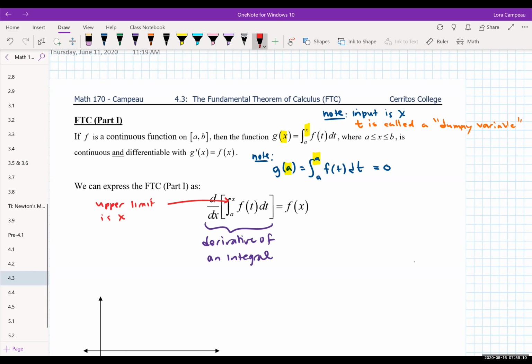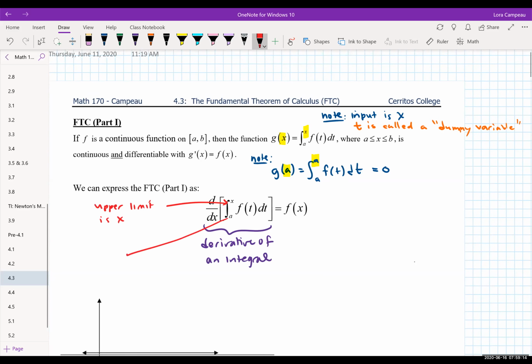It's a variable. And also I want to point out that the lower limit is a constant. That's going to be important when we utilize this.